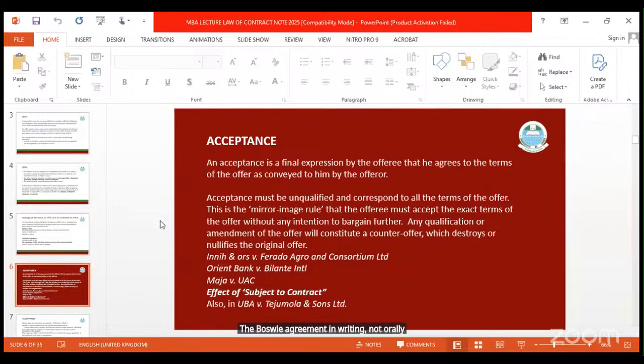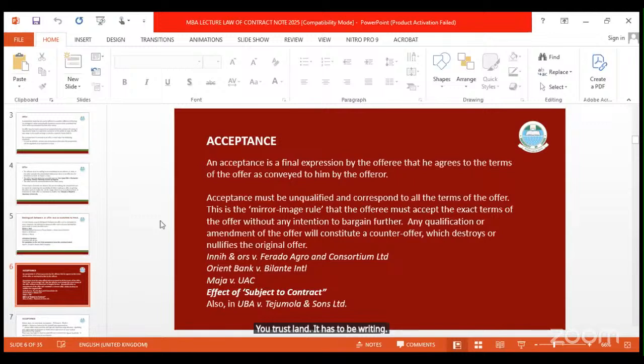You can't say that you bought land from somebody orally, or rented a house from somebody orally, or bought a property by conduct or by oral agreement. No, the law requires that it must be in writing, whether you are renting or transferring interest to someone. Once it relates to land or interest in land, it has to be in writing.